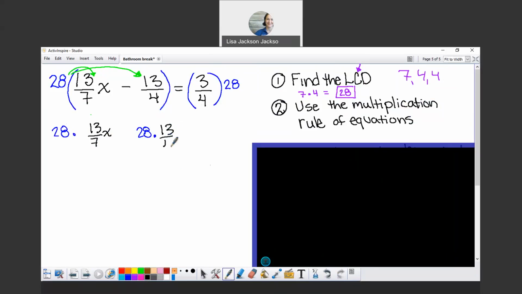And here I am trying to leave out my minus sign. And then 28 times 3/4.